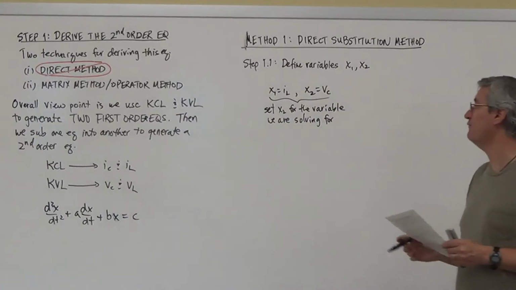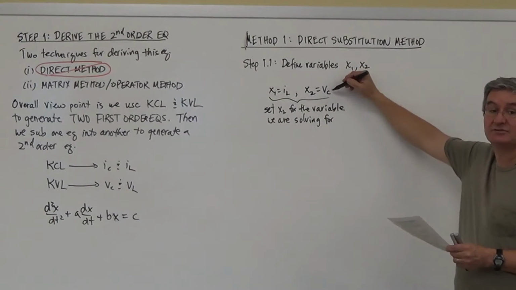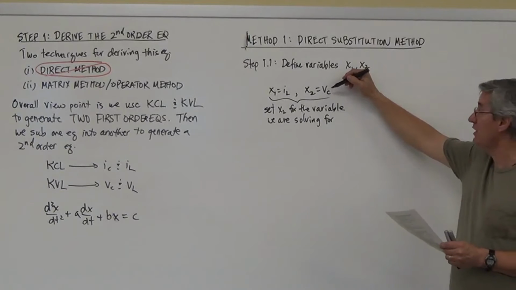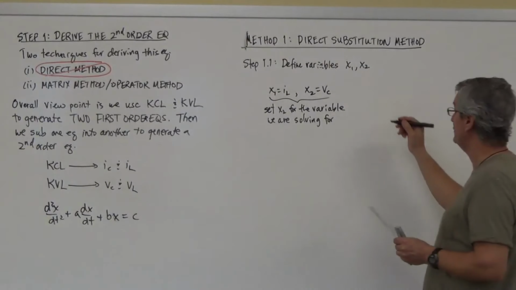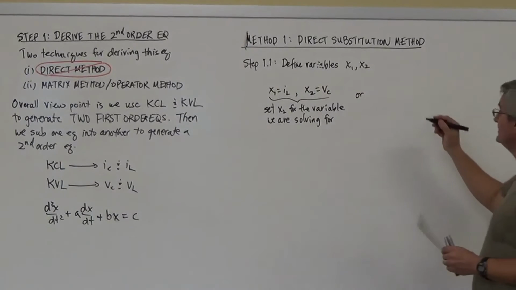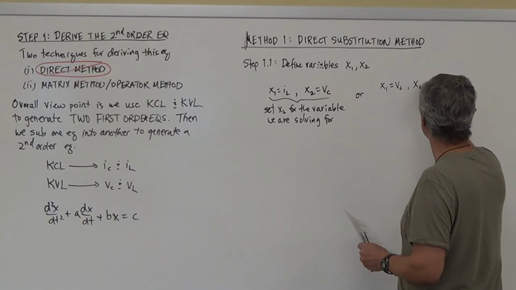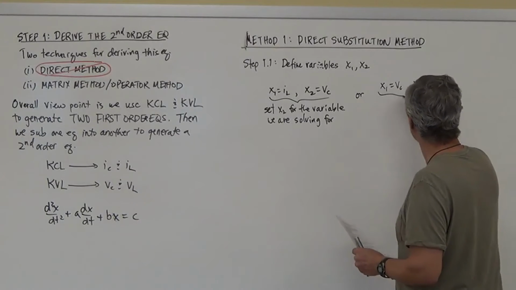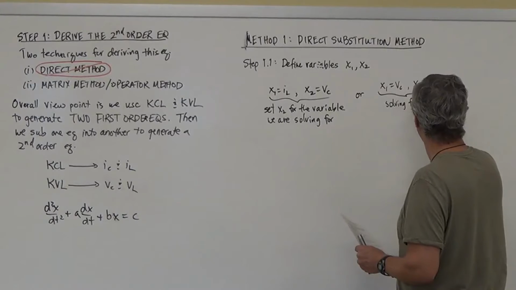So if I want to solve for the voltage of the capacitor, I set x2 as that. Therefore, the only other variable, IL, has to be x1. Or I could reverse it. If I want to solve for the current of the inductor, then I set x1 equal to VC and x2 equal to IL. So in this case, we're solving for IL.